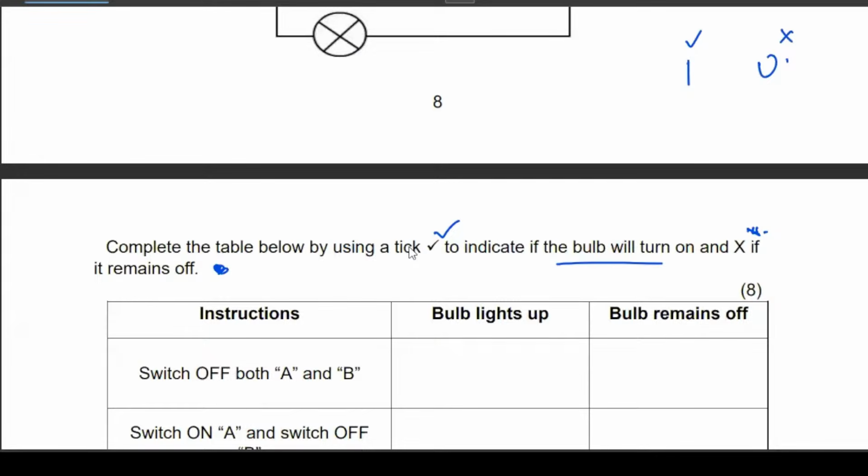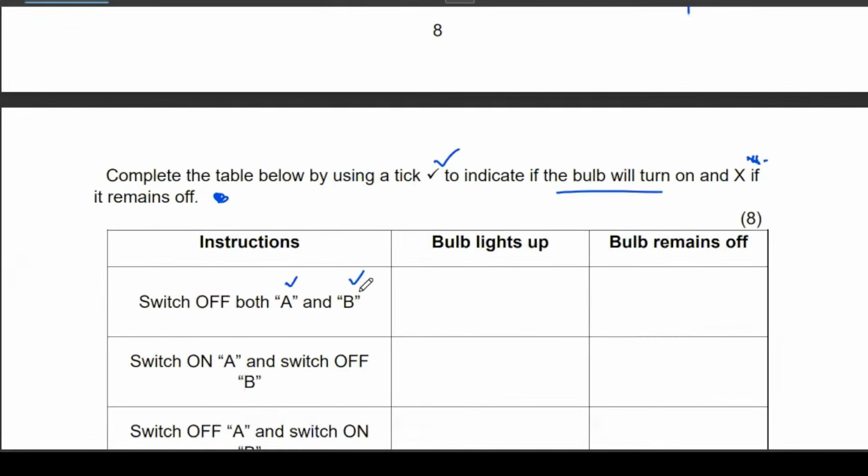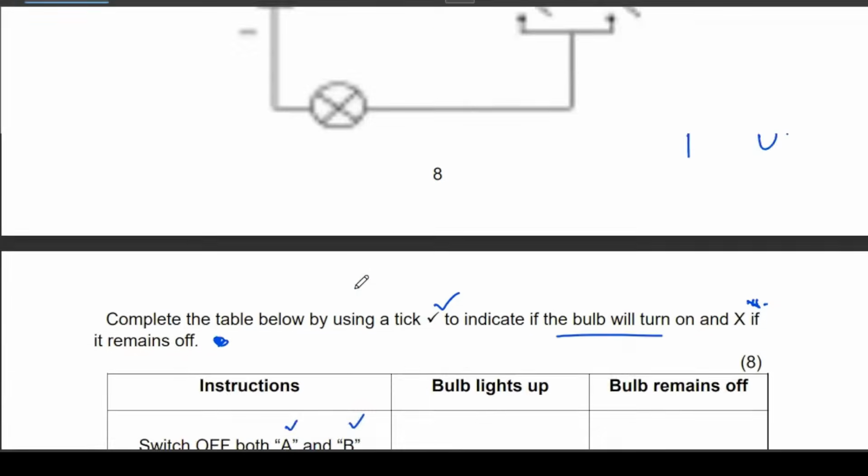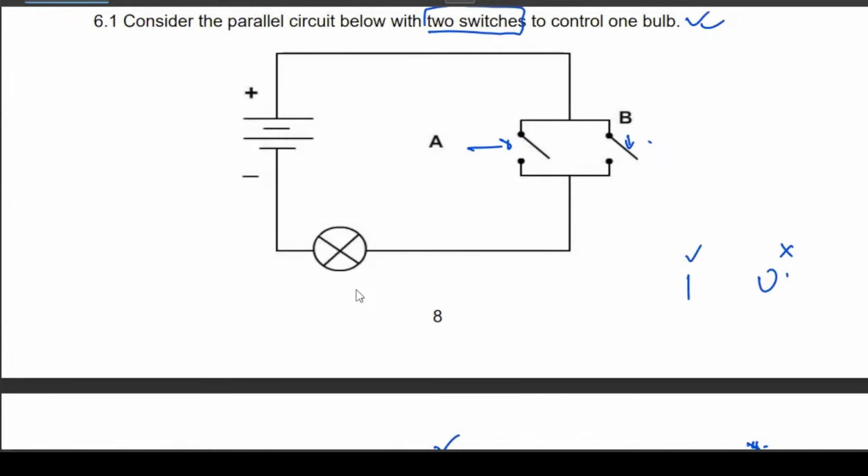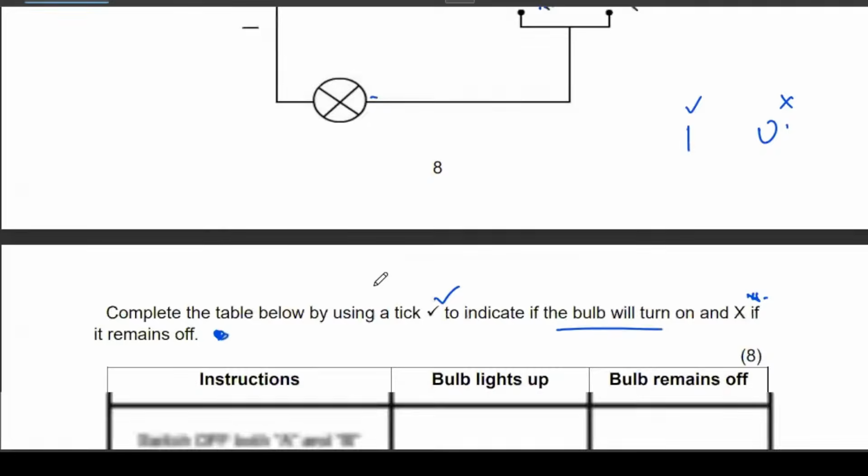Switch off both A and B. Wait a minute, what are they saying? Switch off both A and B. So if A and B are off, no current is flowing, but according to this, the bulb is connected here, so it's a cross and a cross.